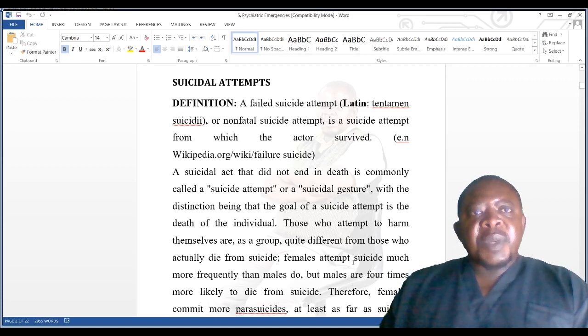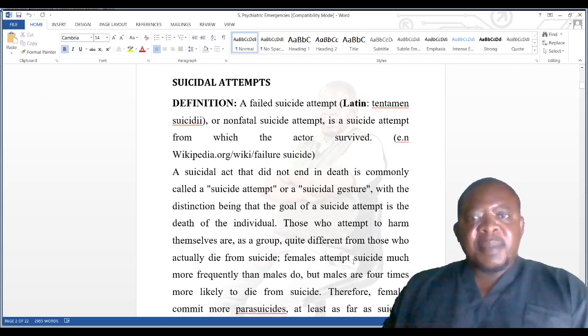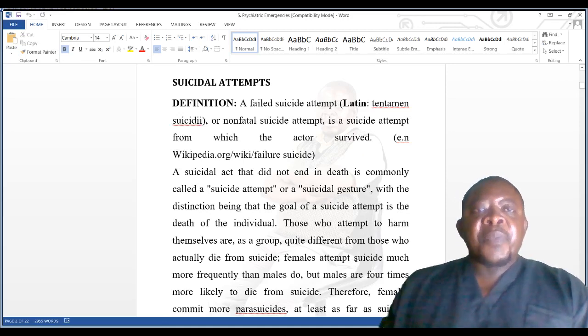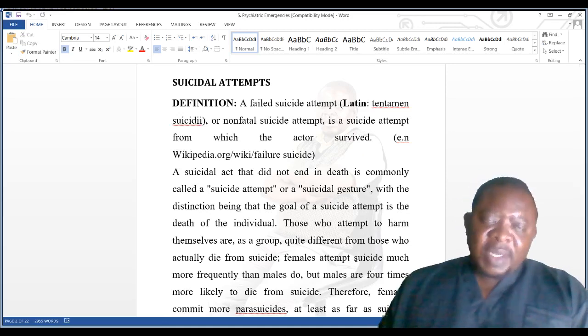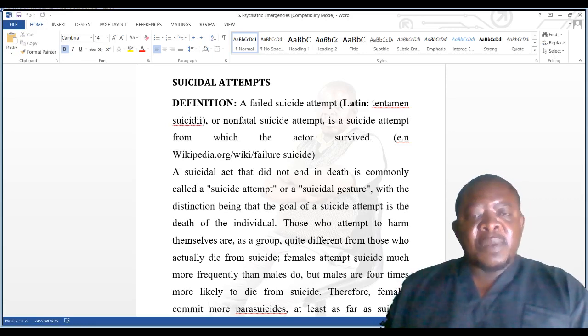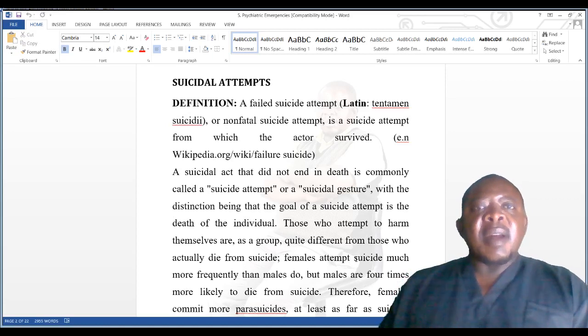So when we look at it in this way, there is another terminology that we can come across, that is parasuicide. Females are more likely to be admitted with parasuicide, that is with suicide attempts, because other authors have used the term parasuicide to mean the same as someone who has survived suicide.